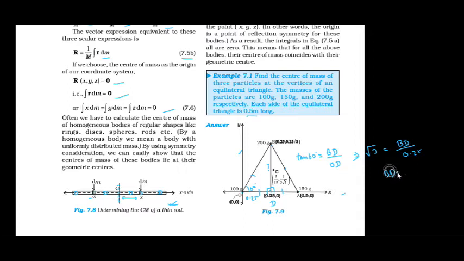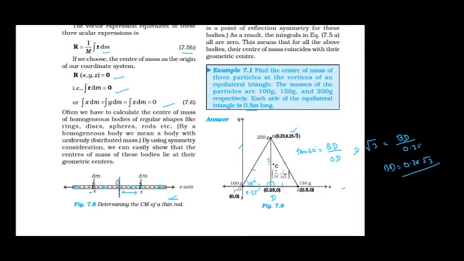So BD will be equal to 0.25 root 3. So here you see this value 0.25 root 3, so we know the coordinate of B also. So all three coordinates are known to us, and all the distances are also known.